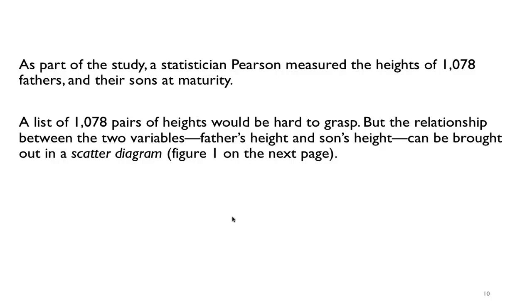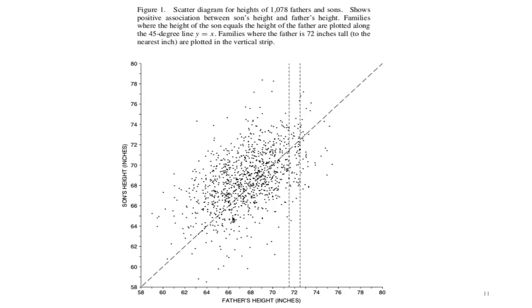One way to plot it is to use something called a scatter diagram, which is a plot of the heights of the sons versus the heights of the fathers. Notice these data sets, unlike the previous lectures, now have 2 variables. Each dot represents one father-son pair of their heights.